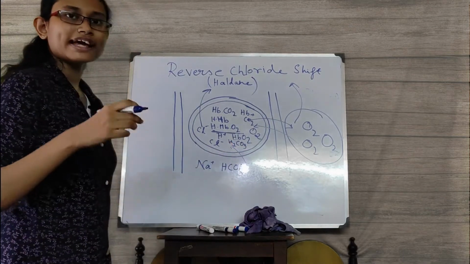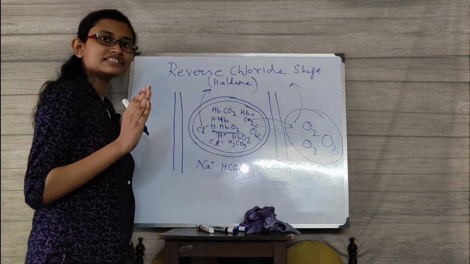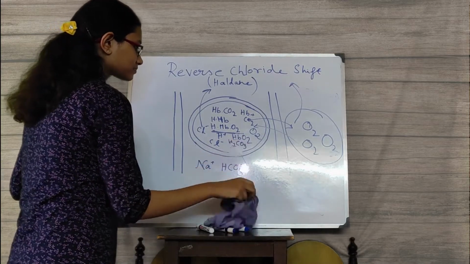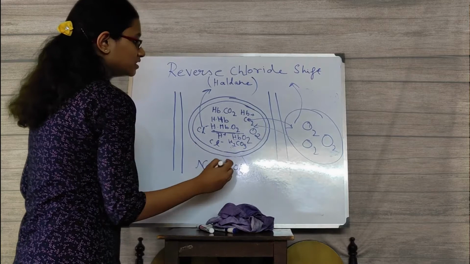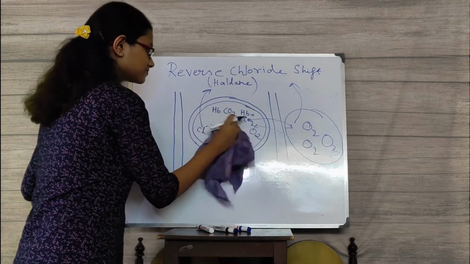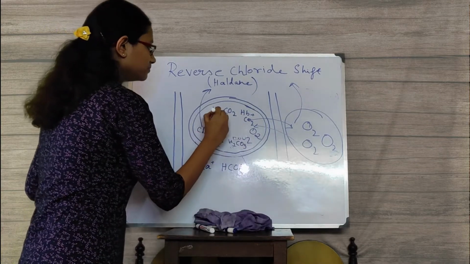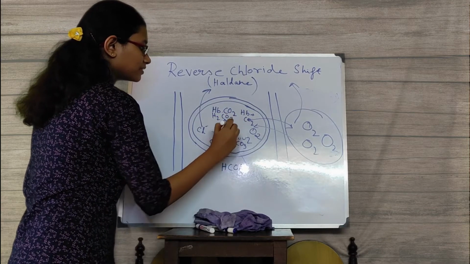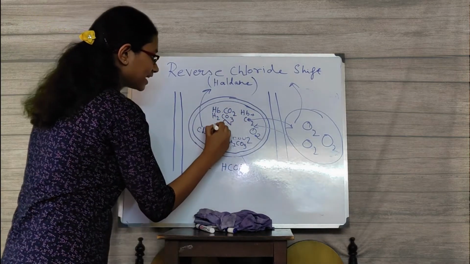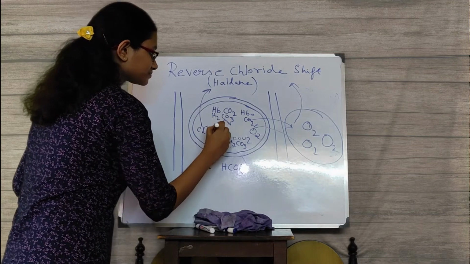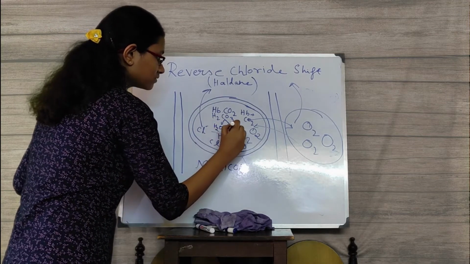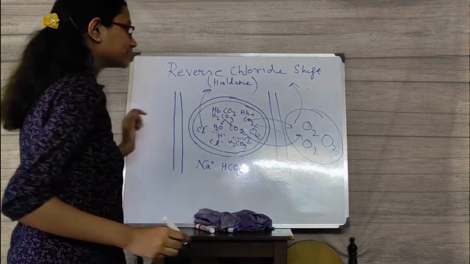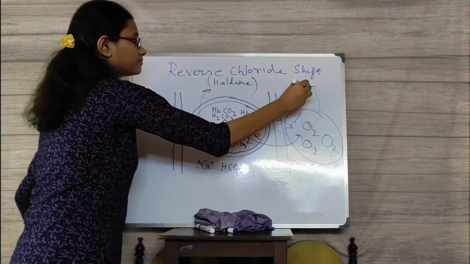Now this carbonic acid, in the presence of that same enzyme, carbonic anhydrase, a very important enzyme, will break into H plus, H2O and CO2. This CO2 will again be transferred to the alveolar tissue where it will be exhaled.